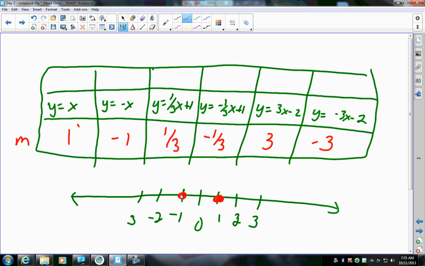The only thing that was different is the direction of where it goes. -1/3 and positive 1/3, again, same distance away from 0. That's why it's the same steepness. The 3 and the -3, again, same thing. They are the same distance away from 0. That's why their steepness is the same. The positive and negative doesn't matter other than direction.